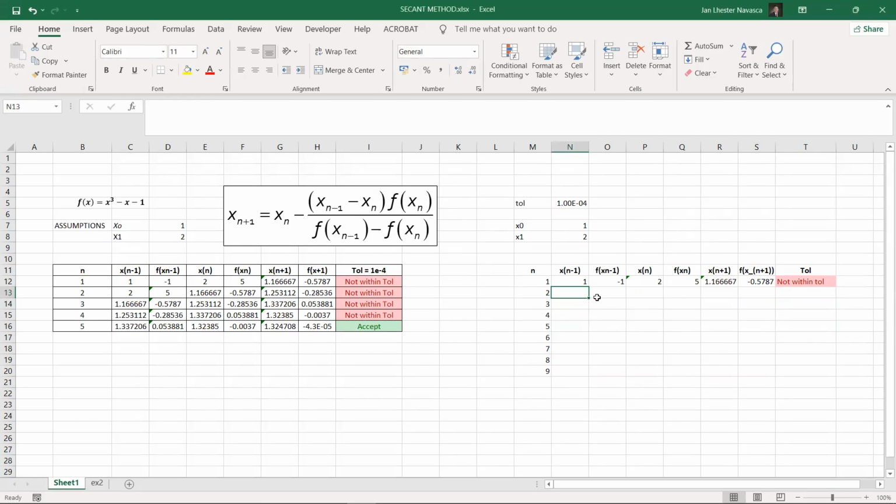So kung ano yung value nung nandun, ilalagay ko dito. So gagamitin ko lang equal sign, last previous value. Also dito, equal sign yung previous value. Then, drag down ko lang yung mga function dito.